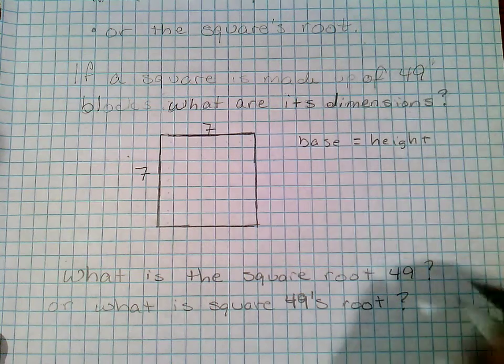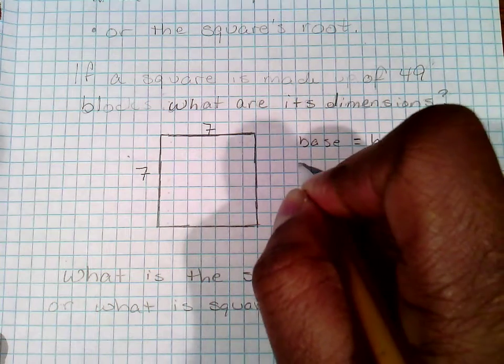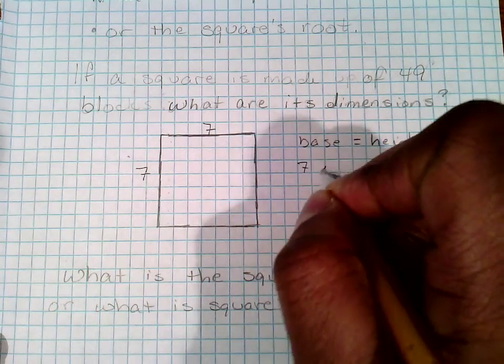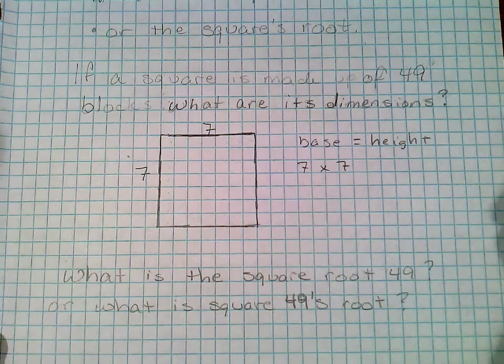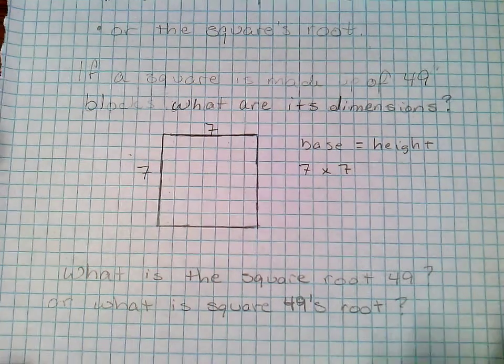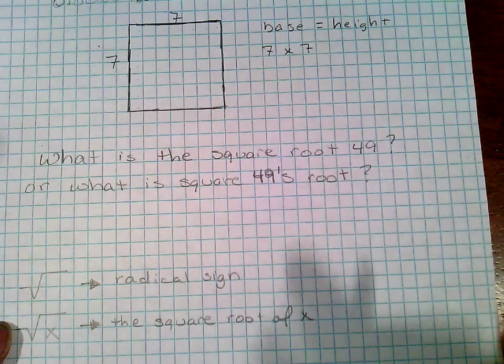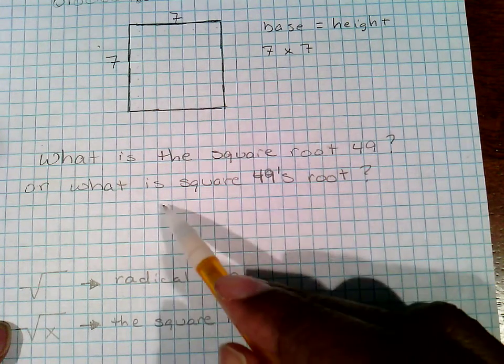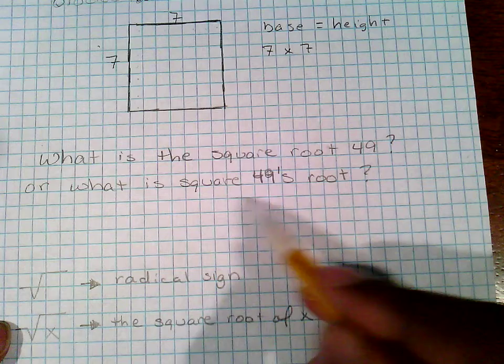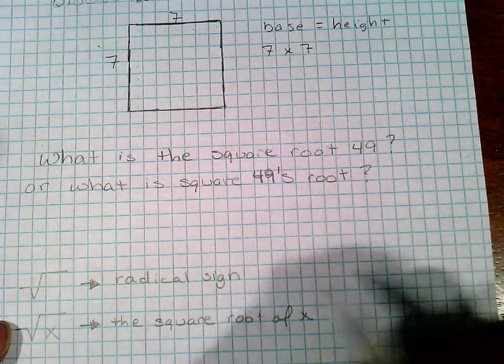So the dimensions of the square is 7 by 7. All right. So what is the square root of 49? Or what is square 49's root?